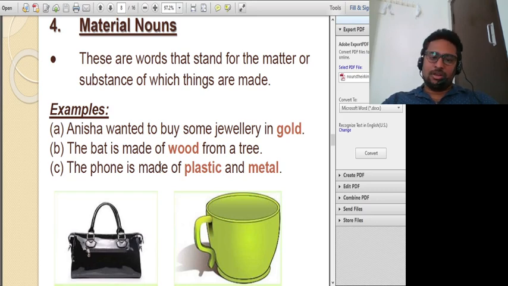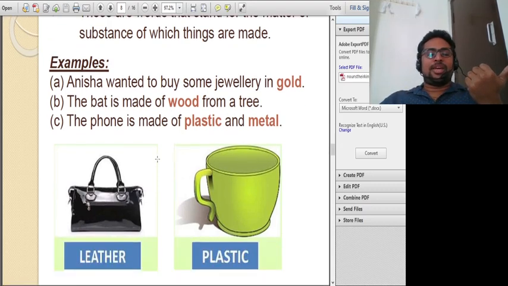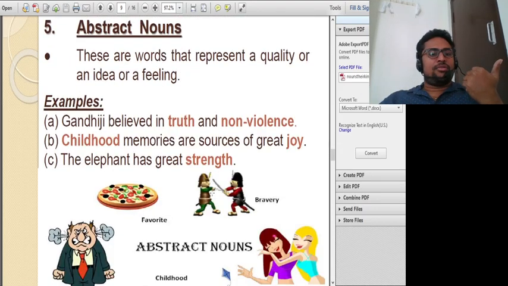Gold is a material noun. I am sitting in a plastic chair. Plastic is a material noun. The bat is made of wood from a tree. Wood becomes a material noun. The phone is made of plastic and metal. Plastic becomes a material noun and metal becomes a material noun.